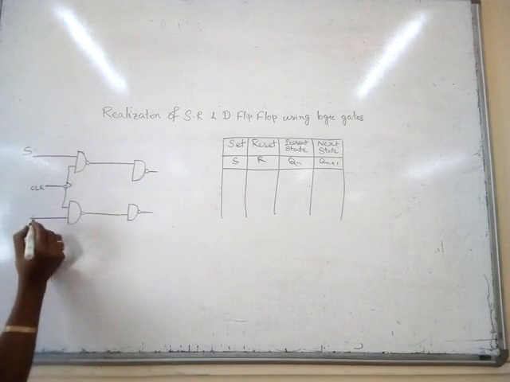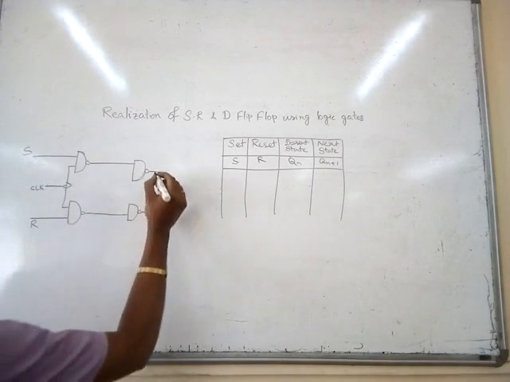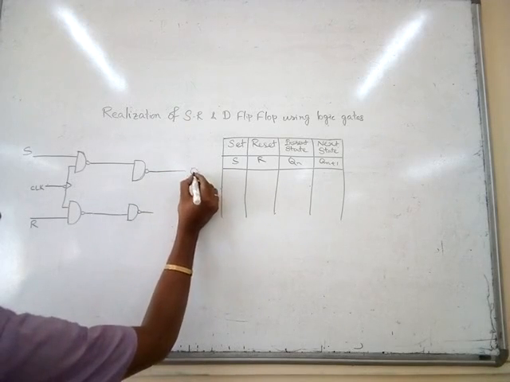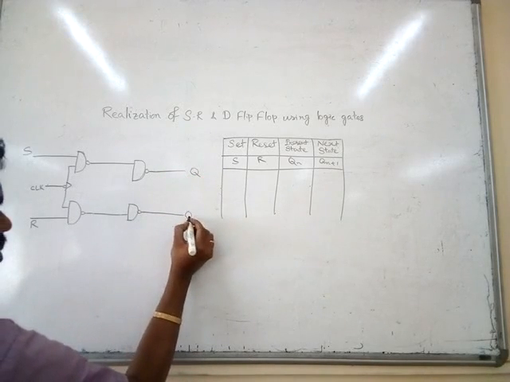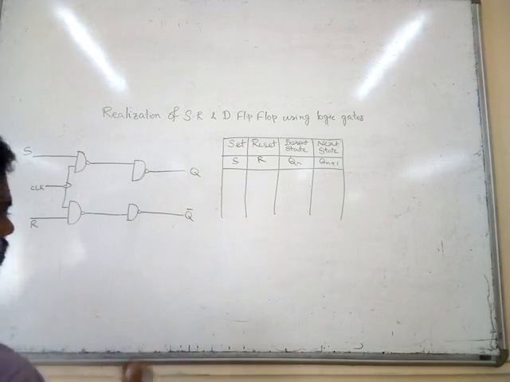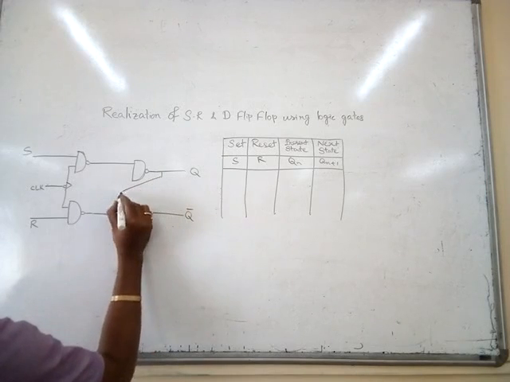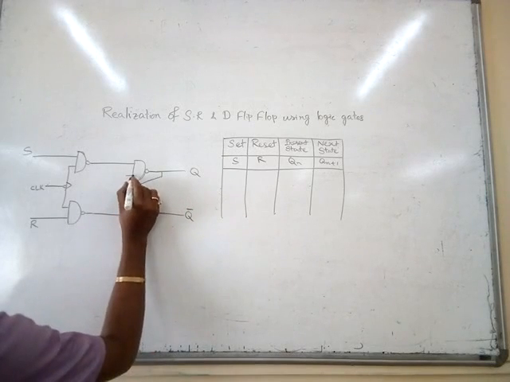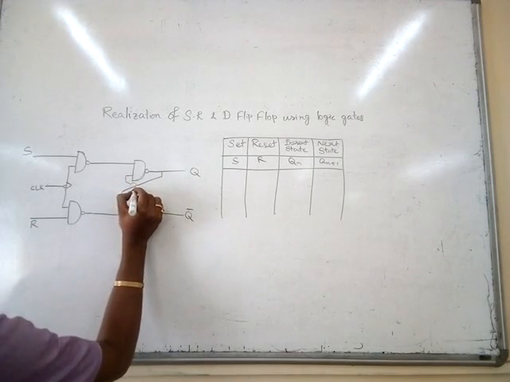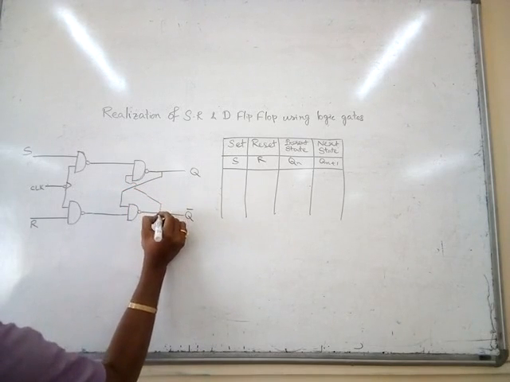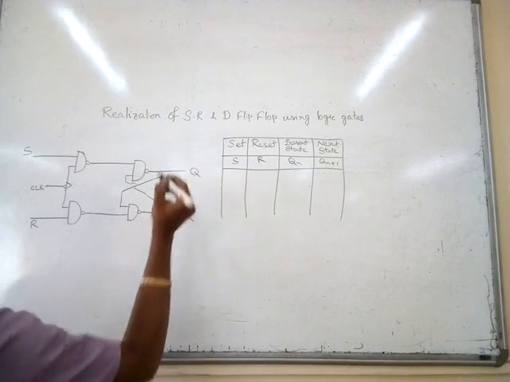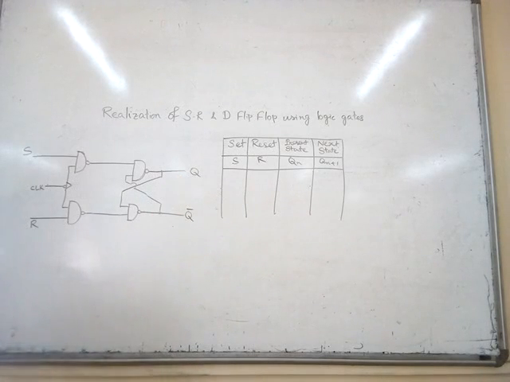This is S, this is R, Q, Q bar. So this is the circuit of SR flip-flop.